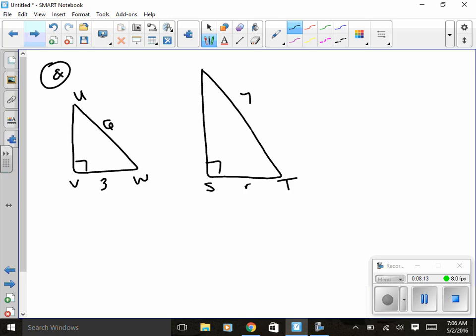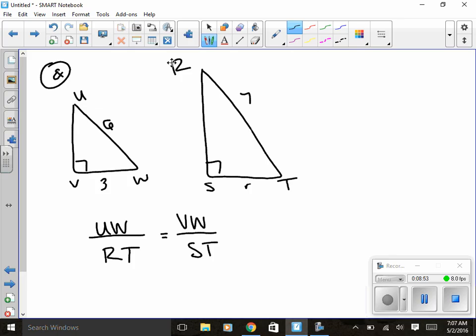So if you look at this, UW has to match up with, sorry, I forgot to write the letter, RT. Now, VW then has to match up with ST. All of these proportions have to be the same. So if you look at this, you could do it the big to small, but I did it the small over the big. So the smaller triangle to the larger triangle.